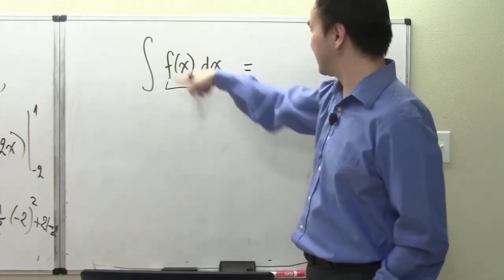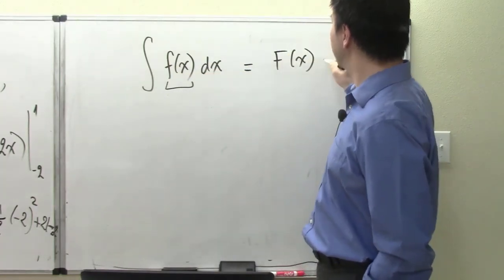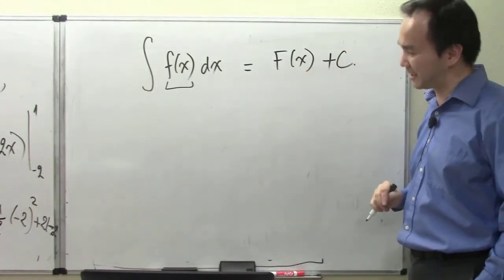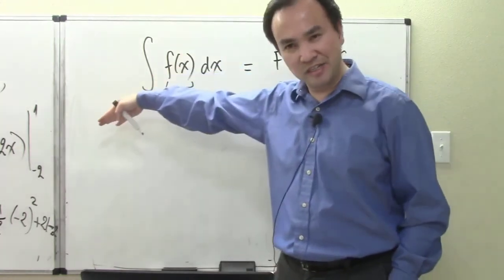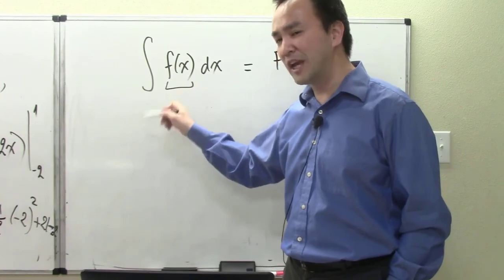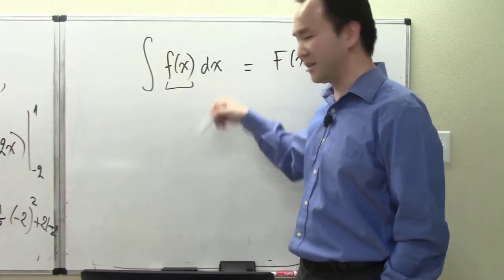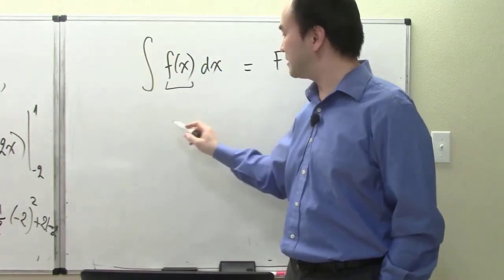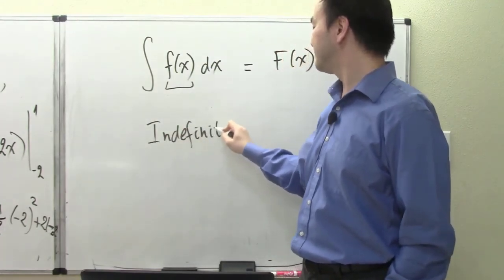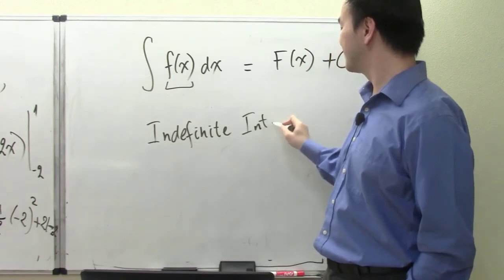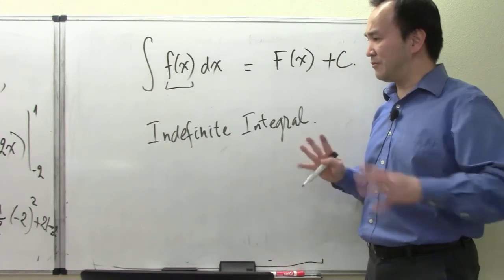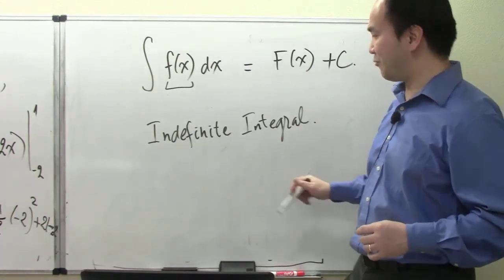So the answer at the end was an antiderivative, and when finding an antiderivative we do the plus c thing. And then at the end of that lecture, if I remember correctly, I informally introduced that this whole problem is being regarded as the indefinite integral.